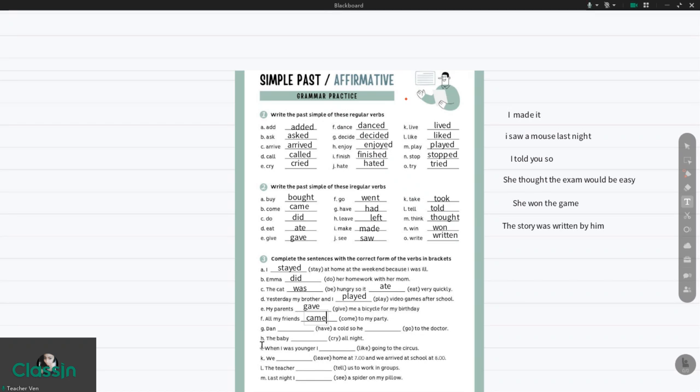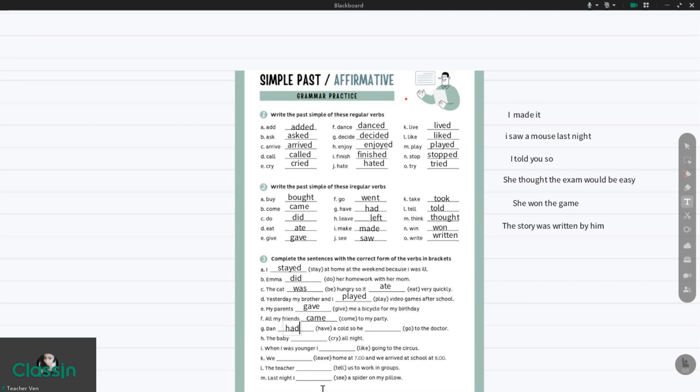Letter G. Dan blank have a cold, so he blank go to the doctor. Okay, for the verb have, what can we use? Dan had. Had.